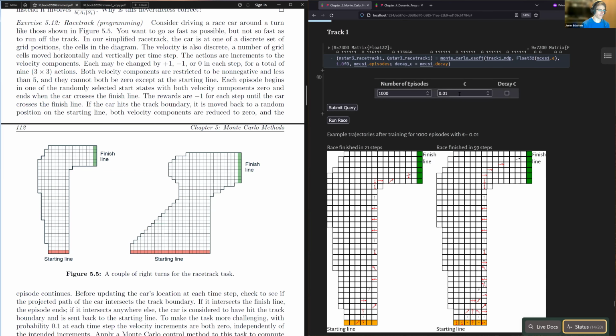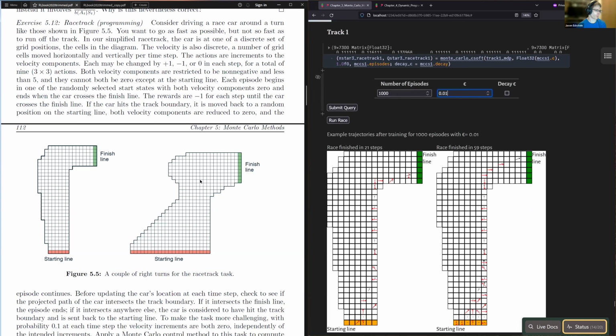But here I found that this value of 0.01 is pretty good for a very small number of episodes. But if you train for like 10, 1,000 or 1,000,000 episodes, the value of epsilon that is good here does change, and it gets larger. And it also changes if you end up decaying it.